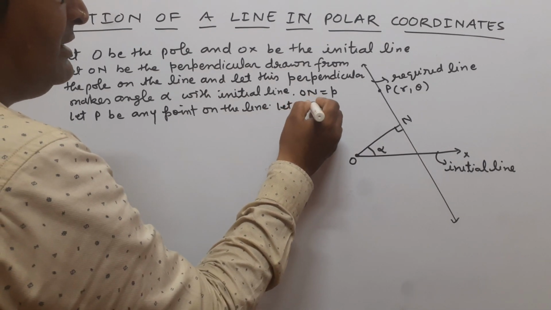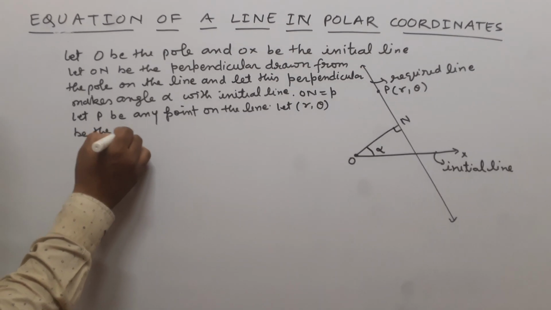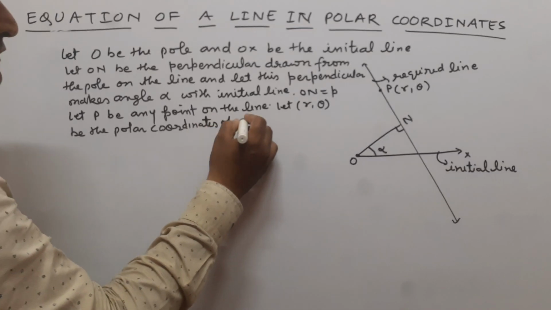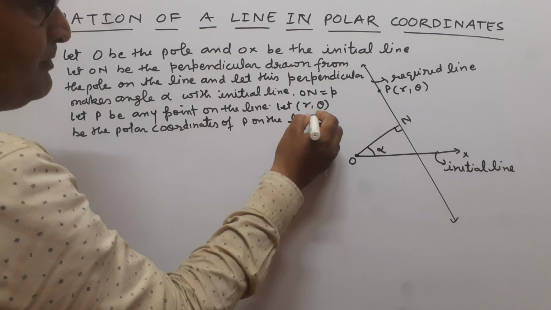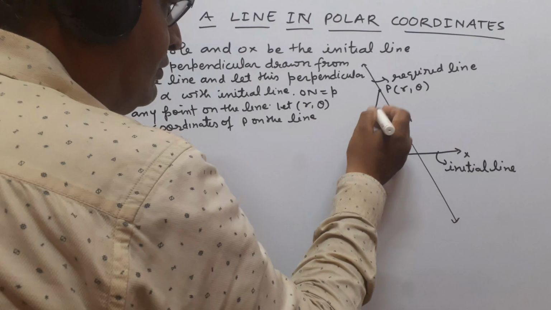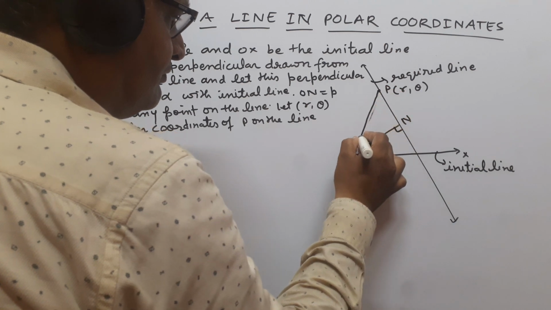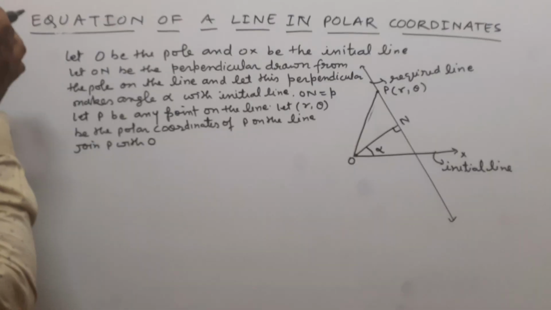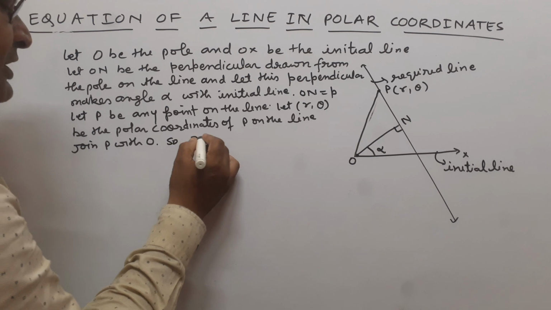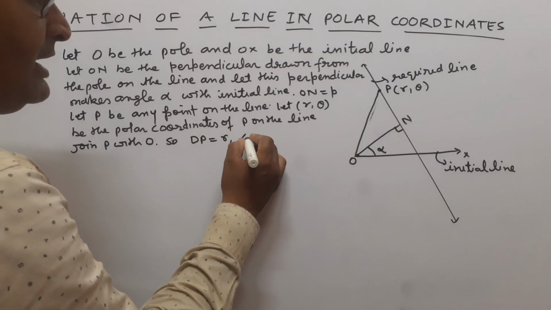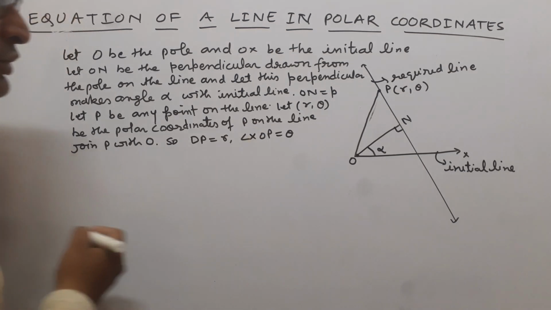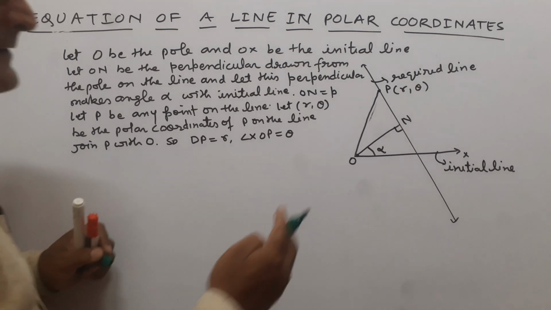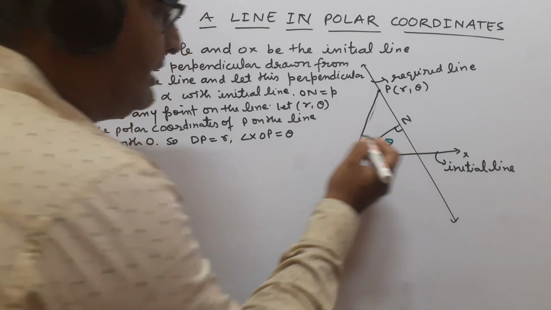Now join P with O. So OP is equal to small r, and angle XOP is equal to theta here. Suppose this is the theta angle.